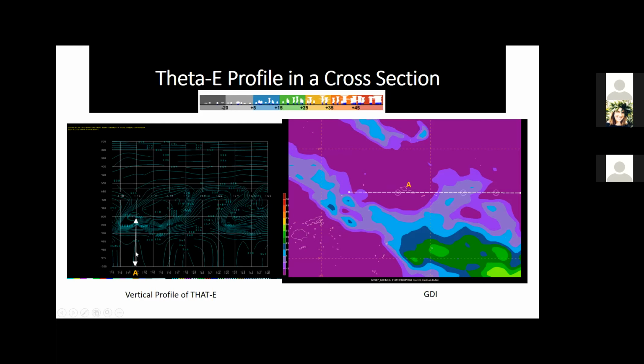So that's a sharp drop between the surface and 800. But once you go above 800, notice that the equivalent potential temperature is increasing with height. So in this area, you have very shallow convective instability, and in the area above it, you have a very strong subsidence inversion that is going to be capping development.